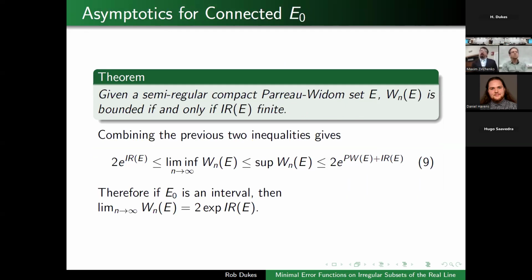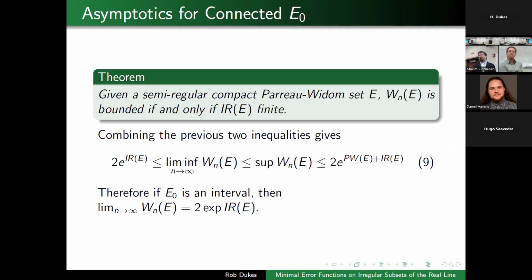All right, so then you could summarize these. You could say, given a semi-regular compact Parreau-Widom set E, WnE is bounded if and only if IRE is finite. And if we combine these, we have 2 exponential of IRE is less than or equal to the lim inf of WnE.